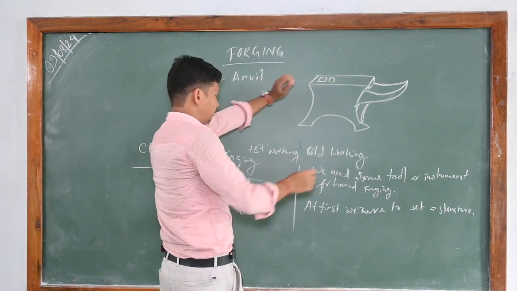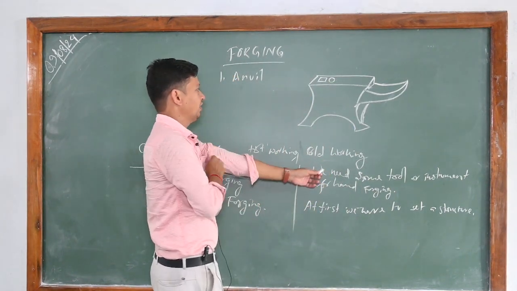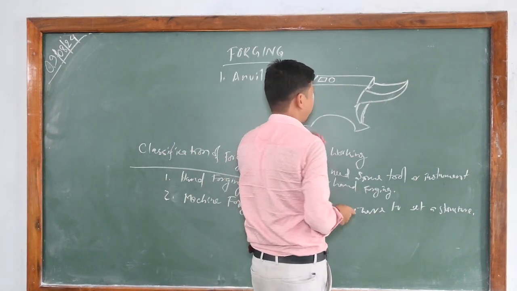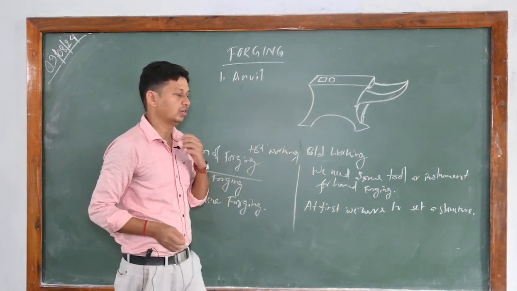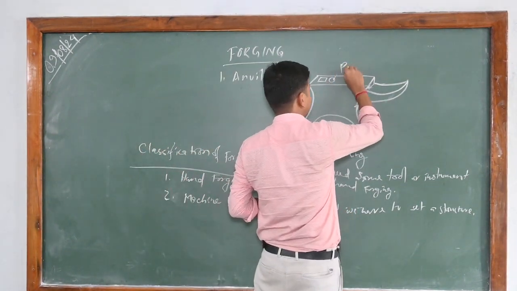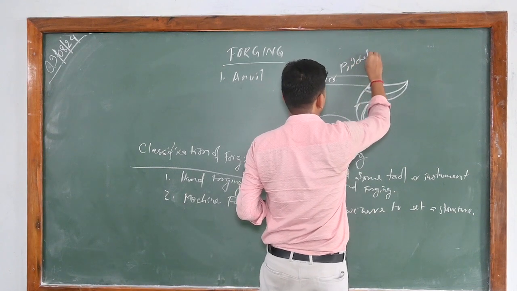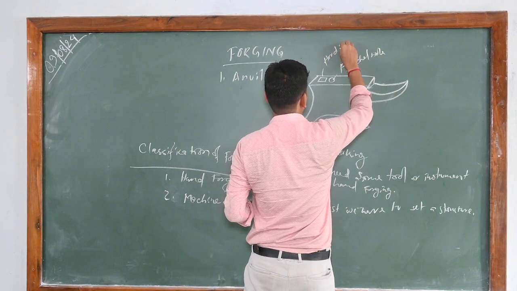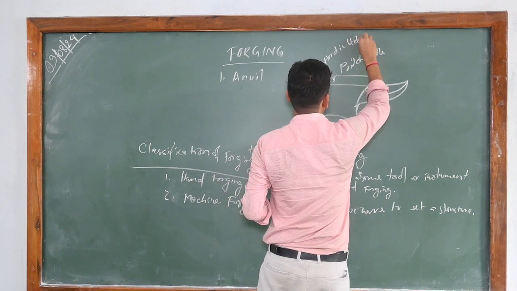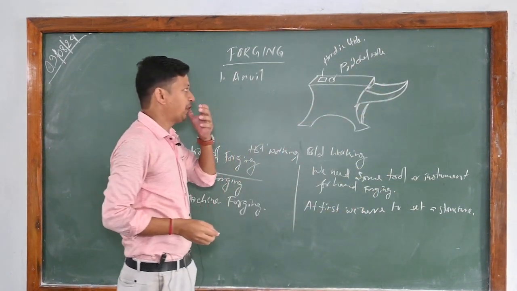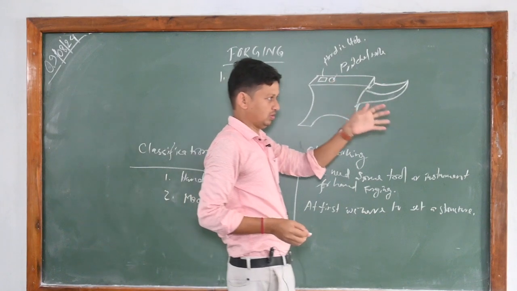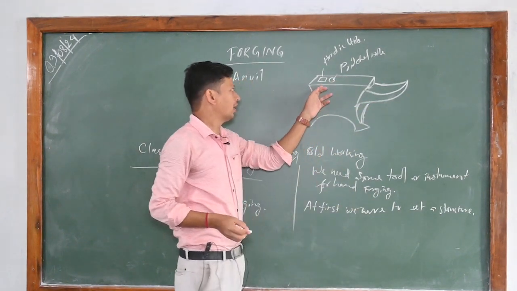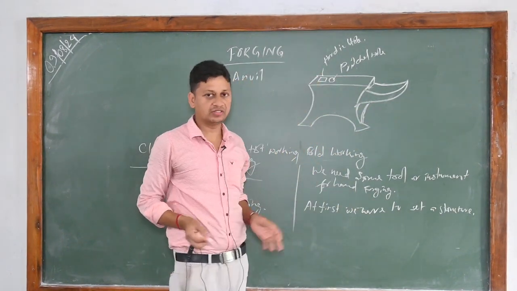Here are two holes. One is Pritchel hole and the other is Hardy hole. This is called Pritchel hole. The other is Hardy hole. By this we can shape the parts' head according to rectangle or circular.